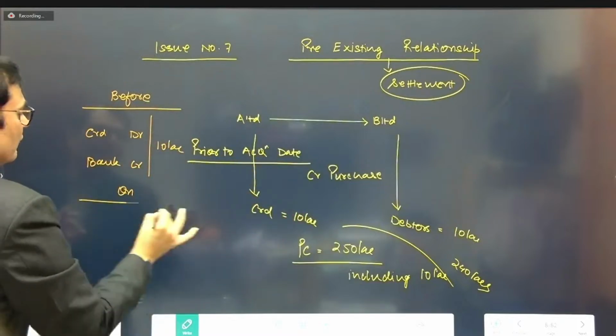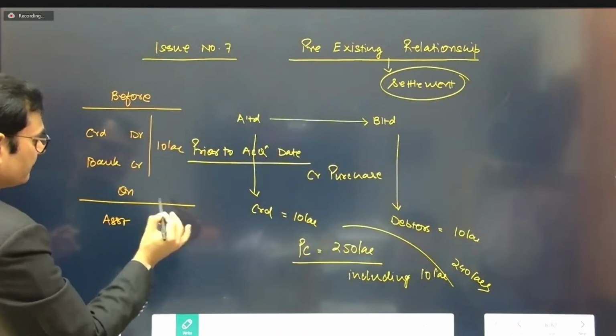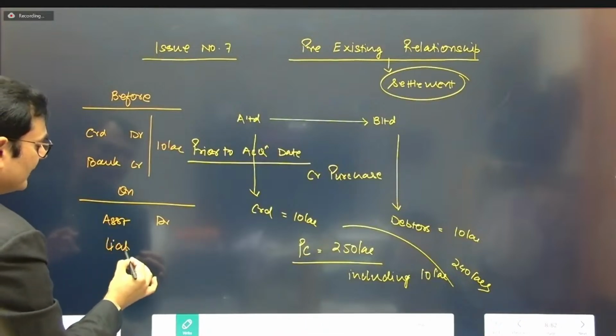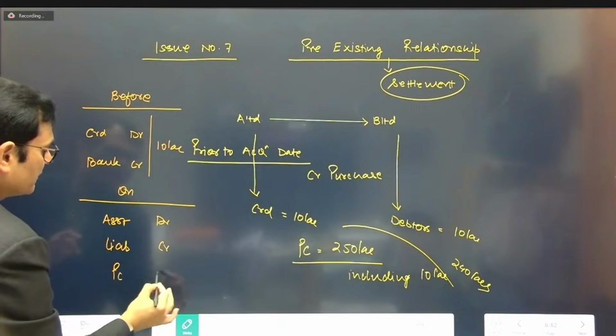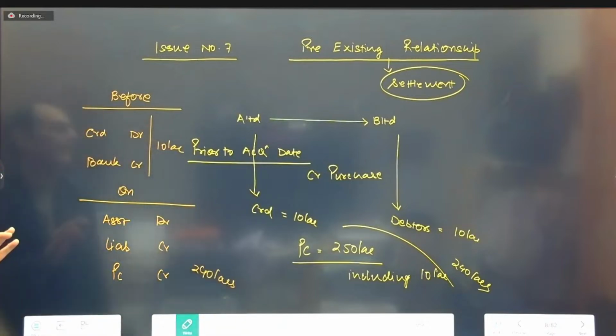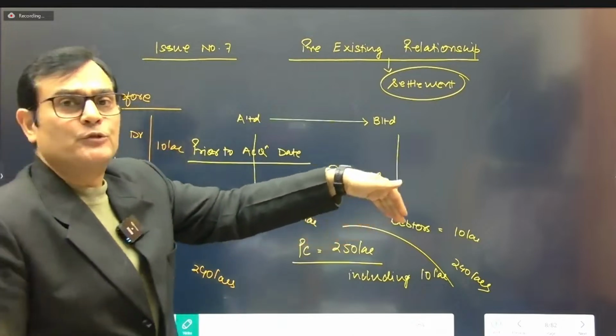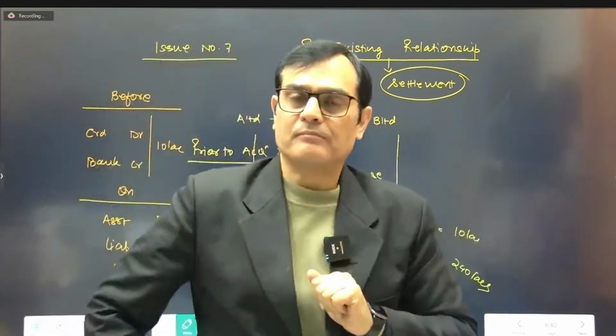Then on the date of acquisition, when you put the entry, assets gets a debit, liabilities gets a credit, and you consider the purchase consideration at 240 lakhs, which means the impact is passing an entry for settling the pre-existing relationship, one, and also reducing the purchase consideration.